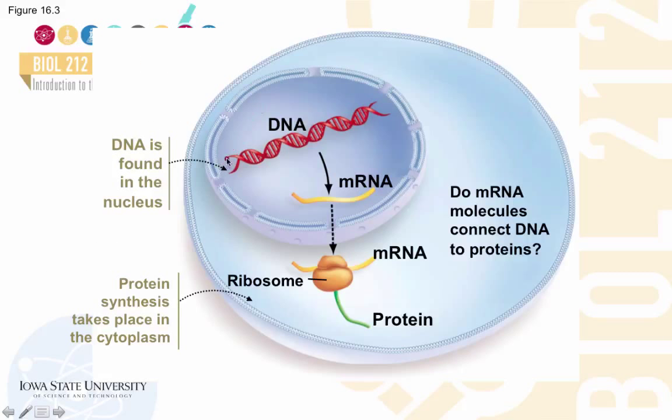In eukaryotic cells, DNA is present within the nucleus of the cell. This information gets first transferred to an mRNA molecule within the nucleus by the enzyme RNA polymerase.